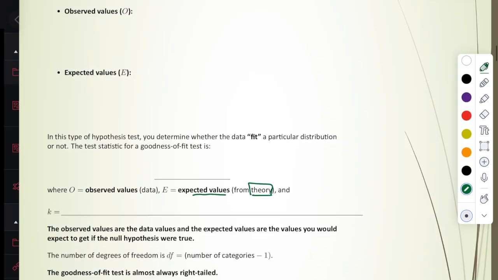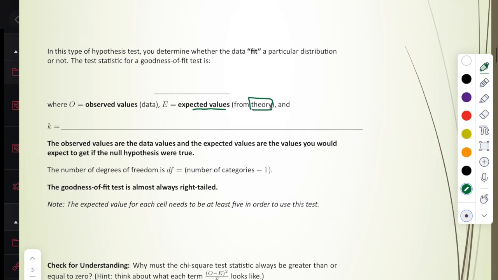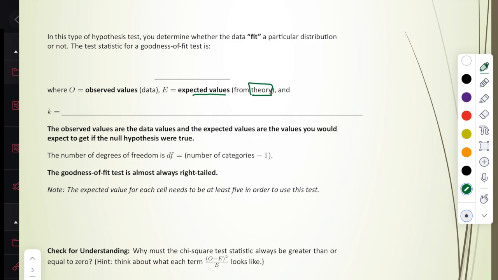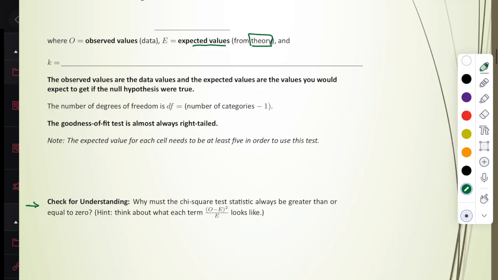The important thing to point out here is that it's one population and one categorical variable. That's important because it's going to contrast with the other tests that we're going to learn today.